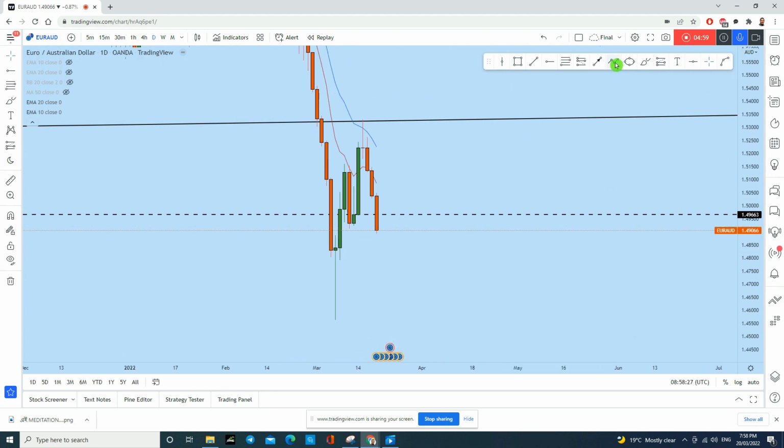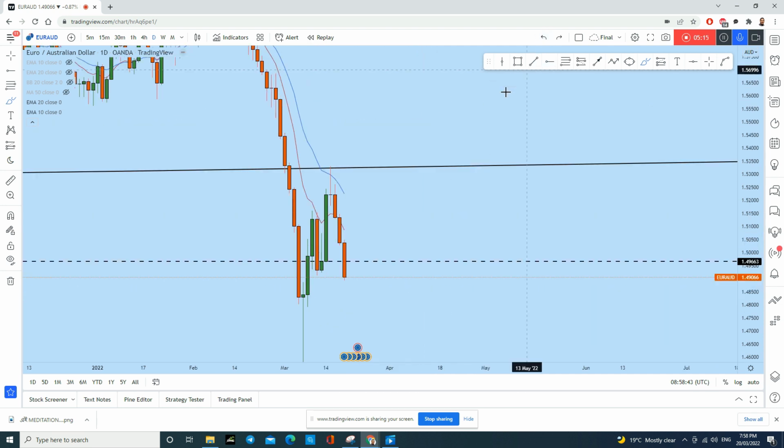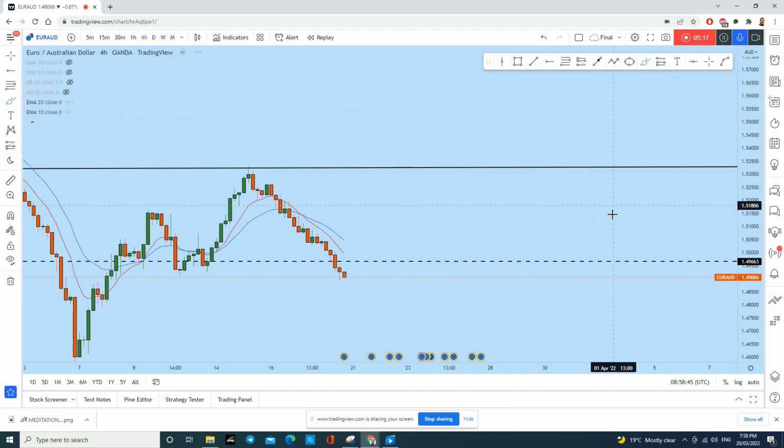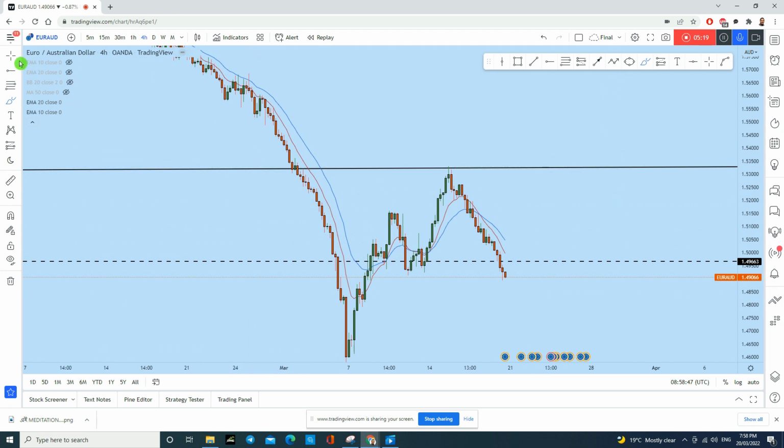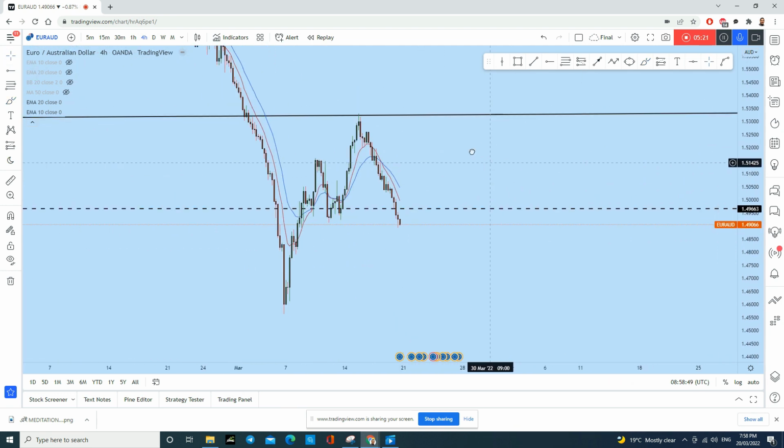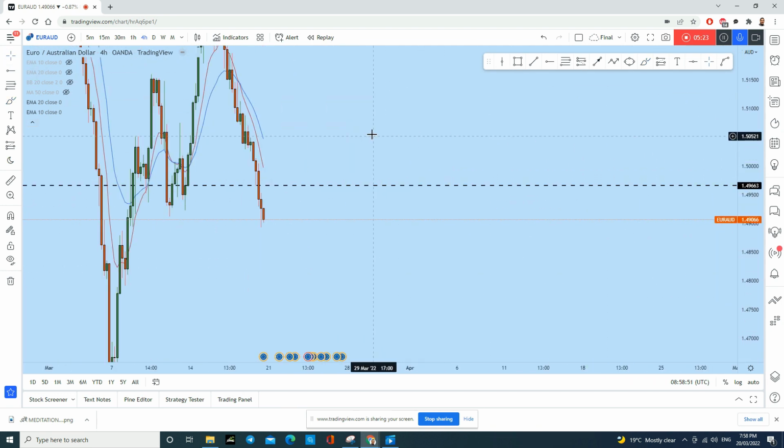The price will either open a gap here and then start to drop immediately to the downside, or the price might open a gap and then go up a little bit, test this weekly support as a resistance, and then drop. So let's see all of this on the 4 hour time frame, how we can find a trading opportunity. This is the hot zone that we will be waiting on the 4 hour.